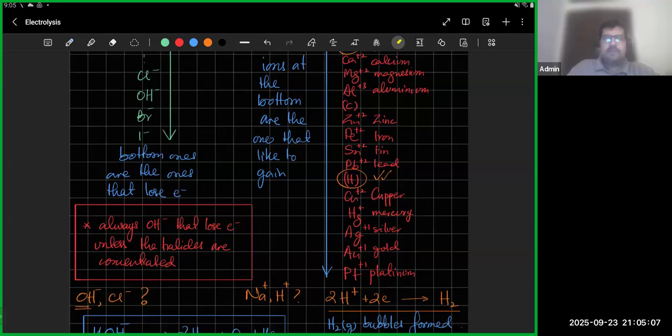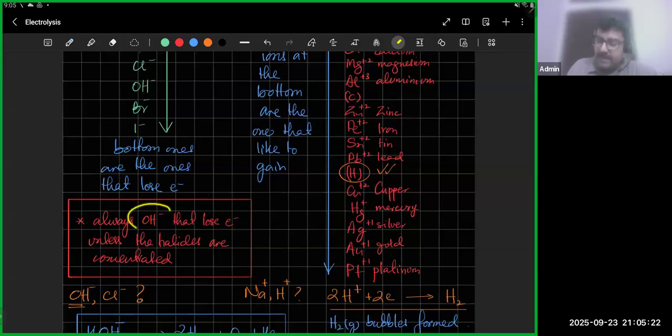Okay, stick to this thing. Always OH minus one unless the halides are concentrated. So look at the book, see if they've mentioned concentrated or not.